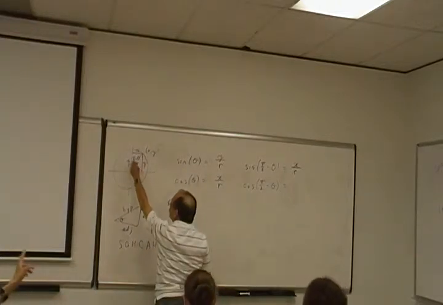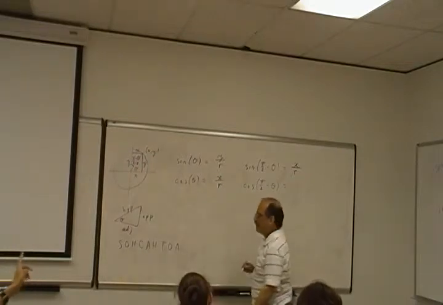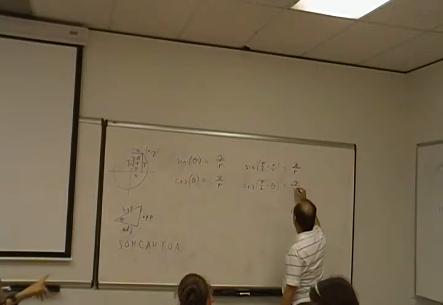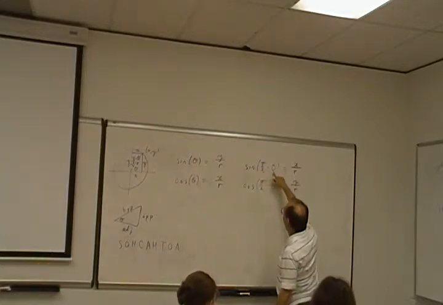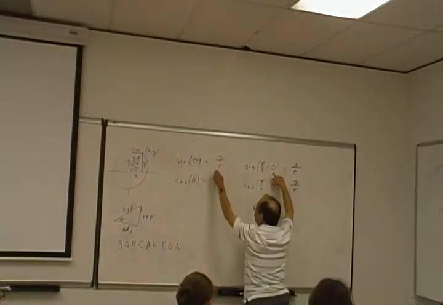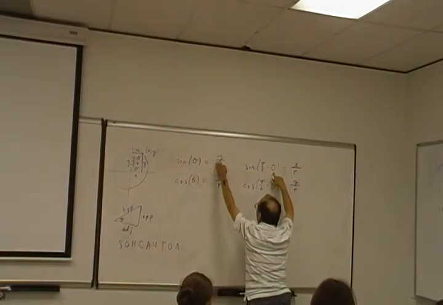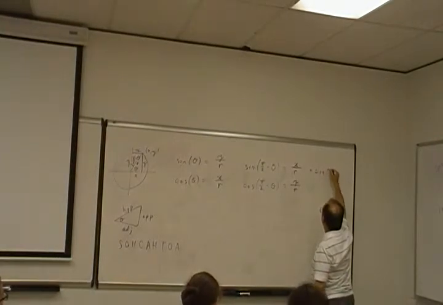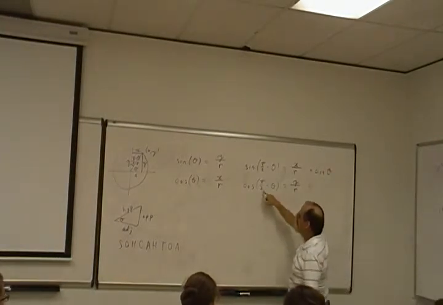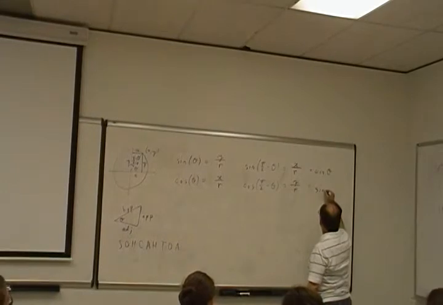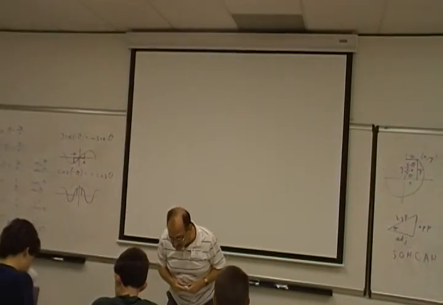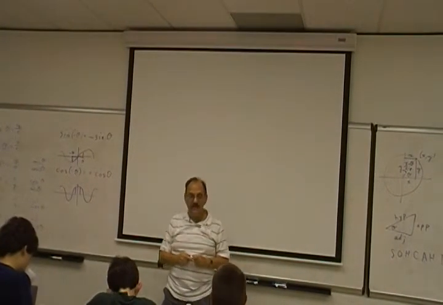What side is y? Adjacent. Y over R. So sine of pi over 2 minus theta is which one of these? The cosine. And the cosine of that is sine of theta. You have just proved the two complementary angle formulas for sine and cosine.